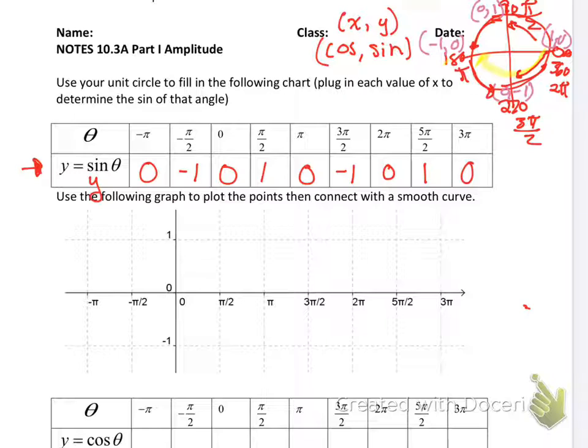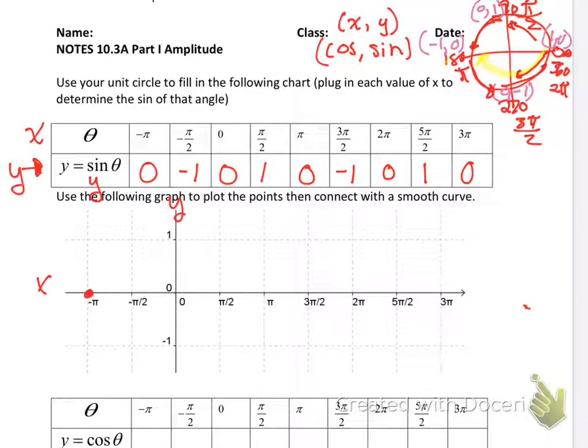Okay, so then when I graph it, this would be my x-axis, this would be my y. So when x is negative pi, see how on the x-axis here I have my radians, right? So at negative pi, y is 0. So my y-axis has the 1, 0, negative 1.